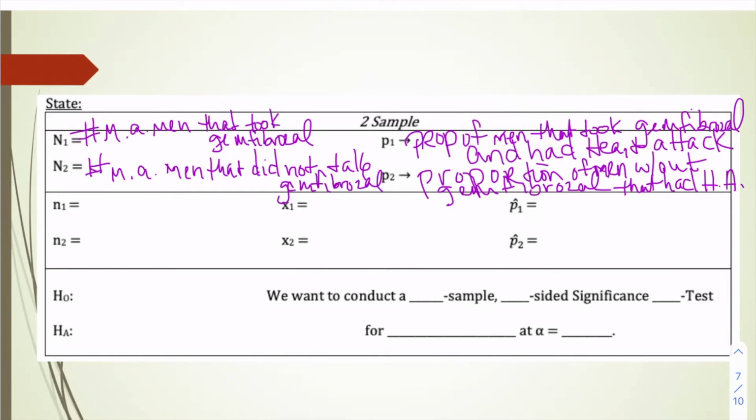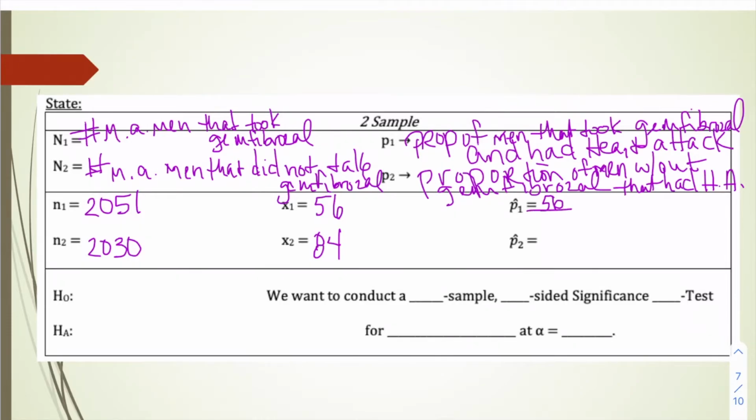Little n sub 1 is our sample size for our first group, and that's 2,051. Little n sub 2 is from our second group, 2,030. X sub 1 from our first group was 56. That's our number of successes. Now in this case, our number of successes is actually the number of heart attacks, which doesn't sound like a success, but that's what we're calling our successes.